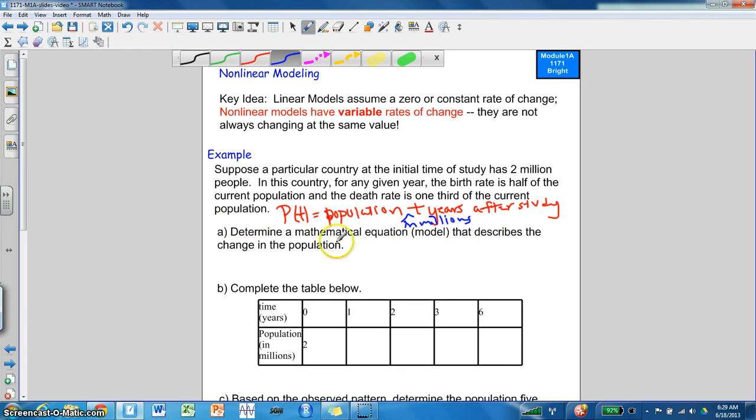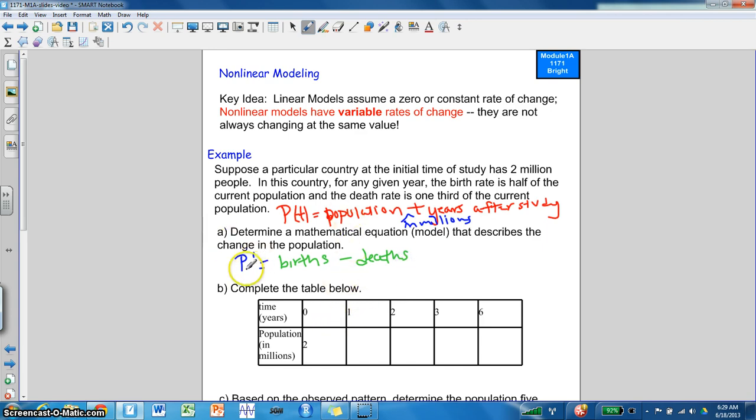Okay, so in part A, we want to determine a mathematical model that describes this change in population. Well, the change in population, that's looking at P prime. So how does the population change? Well, we know that in any population, births are going to be a positive, so births are going to increase our population, and whatever the number of deaths is, those are going to take away from our population.